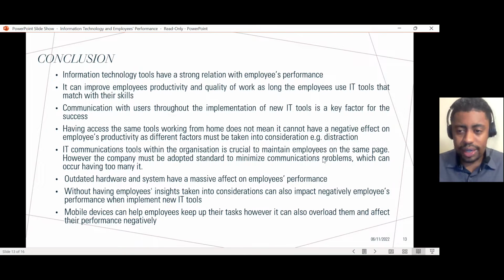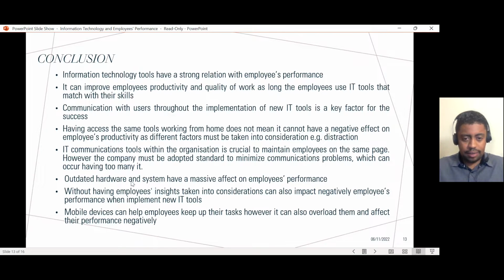For example, distraction, appropriate setup, and other factors. IT communication tools within the organization are crucial to keep employees on the same page. However, the company must adopt standard IT communication tools to minimize communication problems, which can occur from having too many of them.